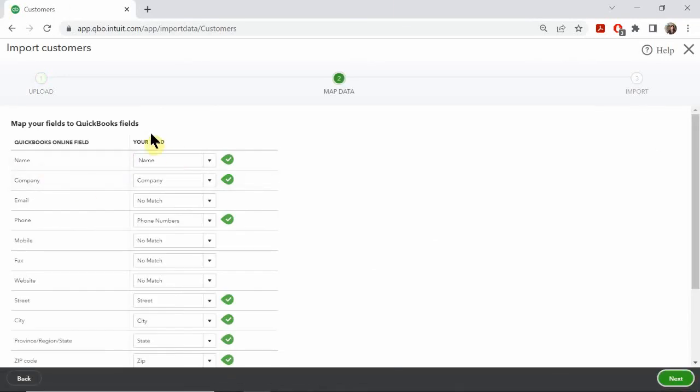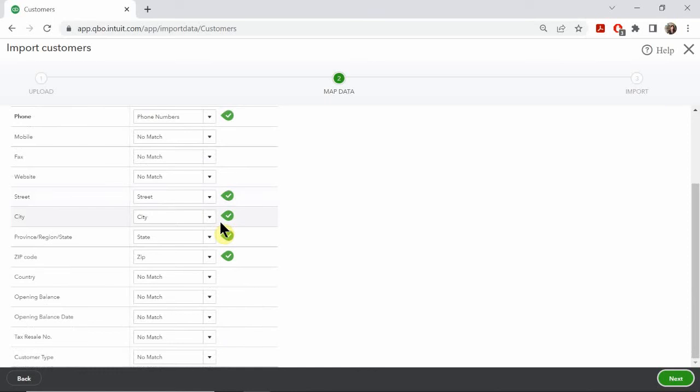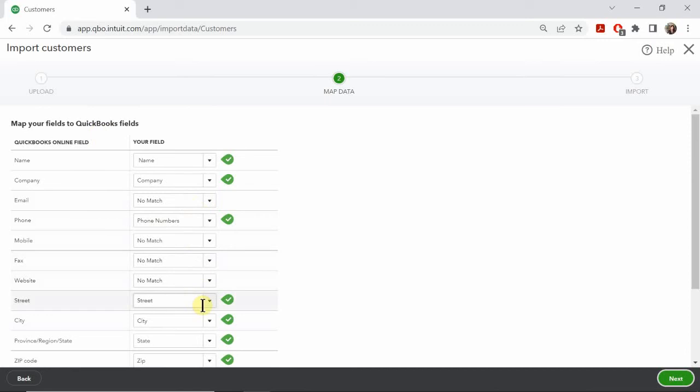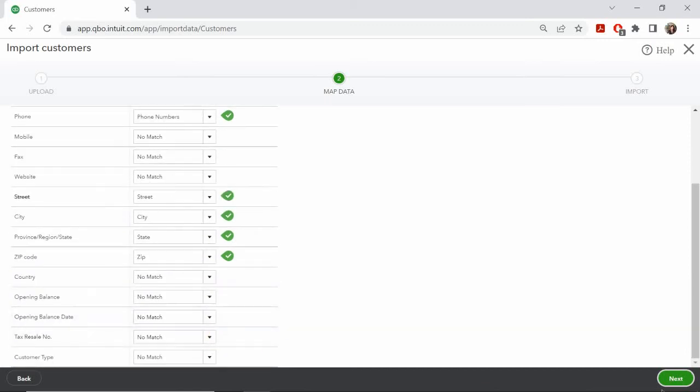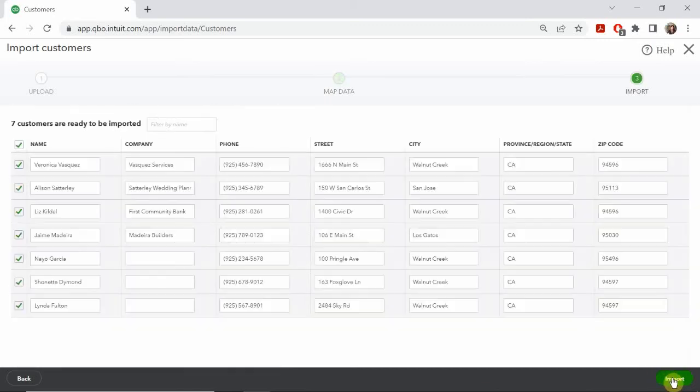Once again, you're going to match up your headers here. QuickBooks should do it for you automatically. Anything that's flagged red will indicate whether you need to select an item for it or not. In this case, there's nothing I need to select, so I am good to go, and I can click Next.